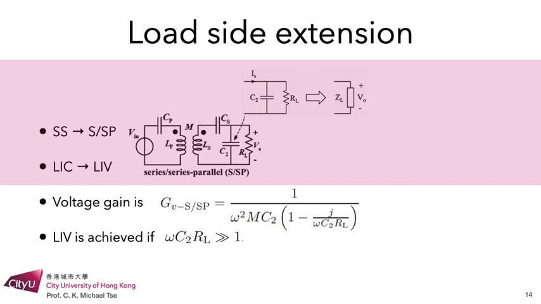Again, this is a second order to third order extension, and we are able to generate the exact transfer function for the voltage gain, and we will be able to see that the original LIC circuit is transformed to an LIV circuit, under certain conditions, of course.